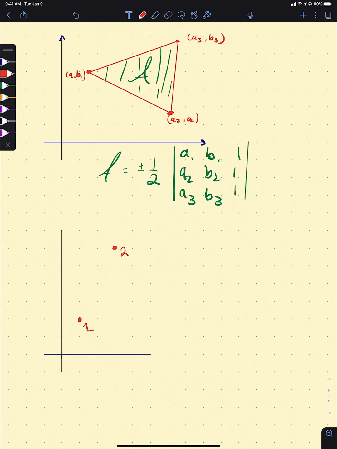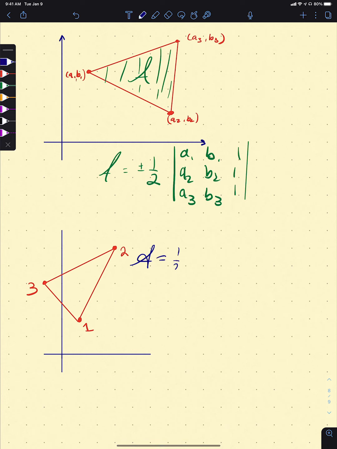And we'll put the third one at, say, -1, and then up 1, 2, 3, 4. Okay? So this is our triangle. And we're interested in finding its area. Okay? So what's our area going to be? Where this is just one of the other fancy A's that you can draw.